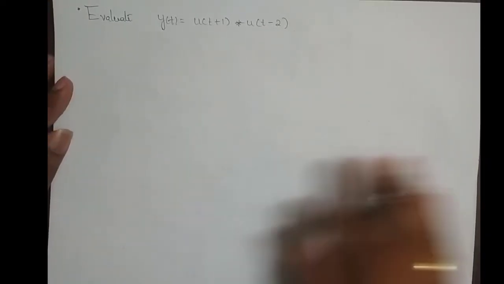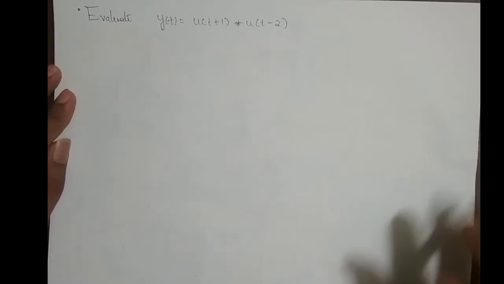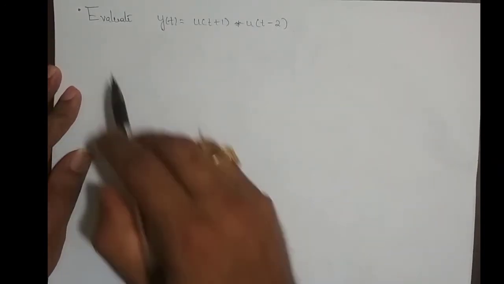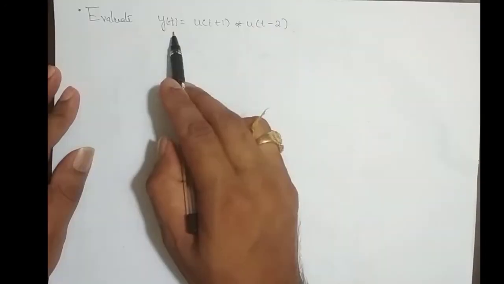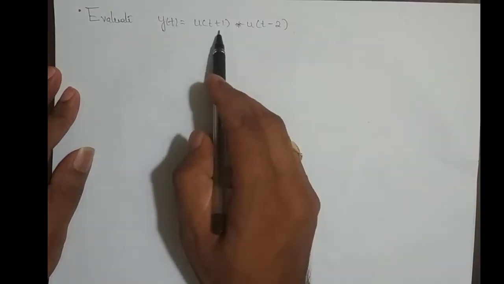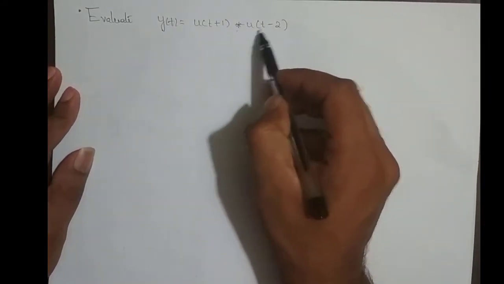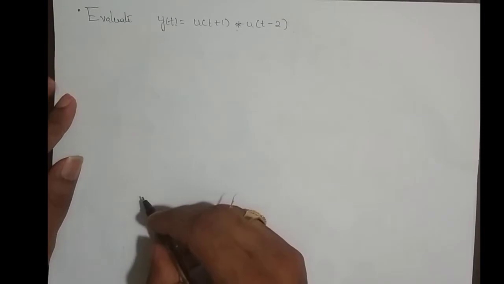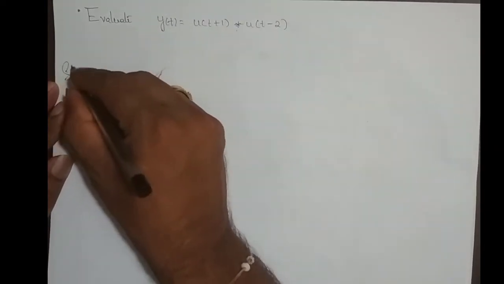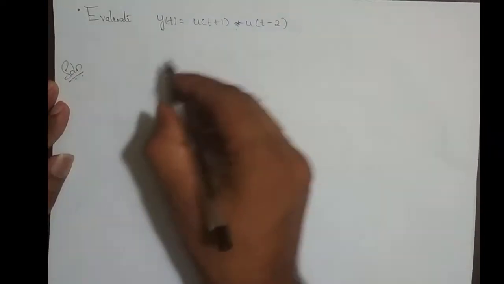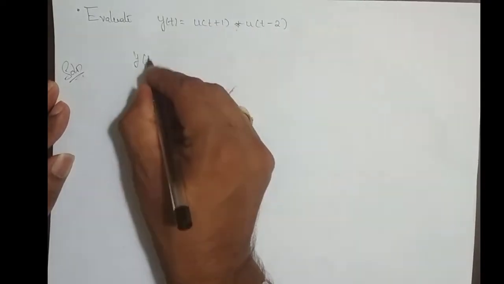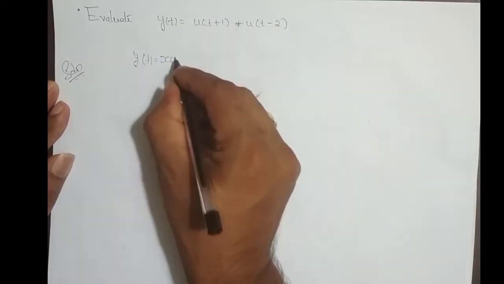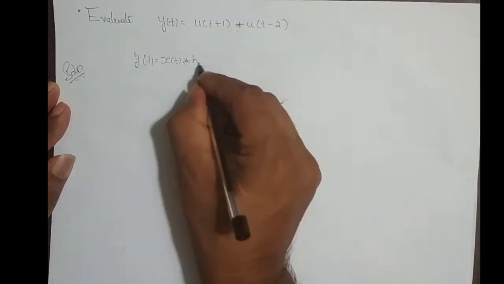We shall take up one more problem on convolution integral. This time the problem statement is: evaluate y of t is equal to u of t plus 1 convolved with u of t minus 2. Solution. So this is of the form y of t is equal to x of t convolved with h of t.